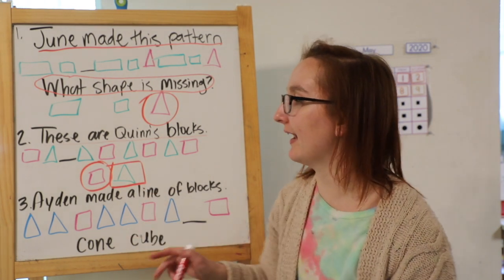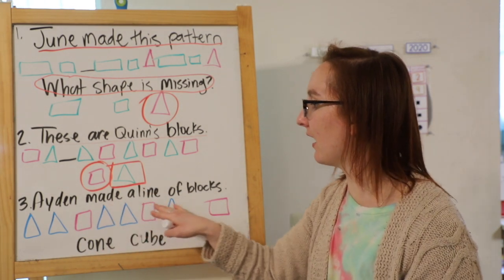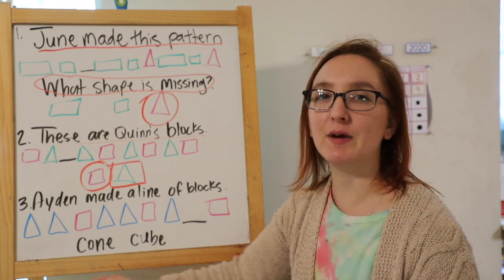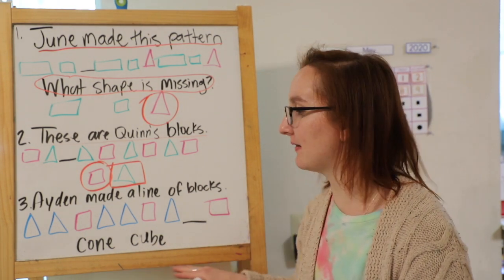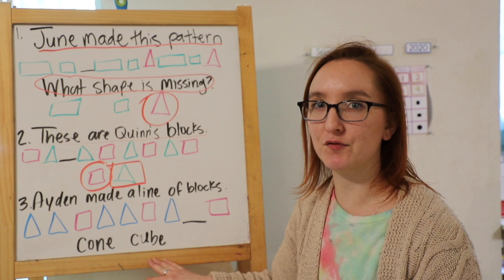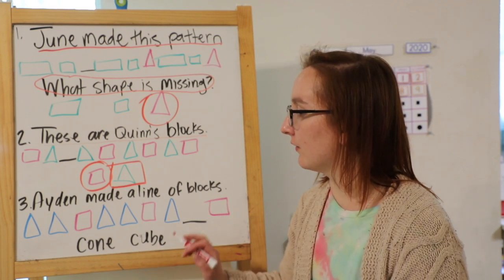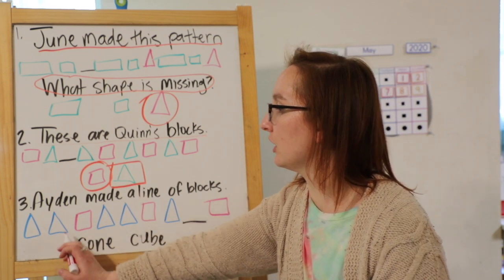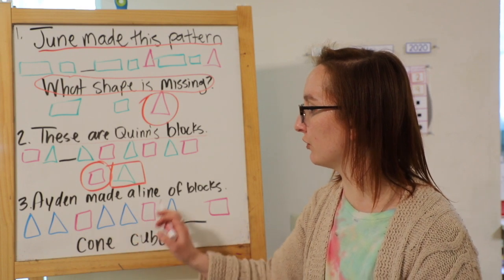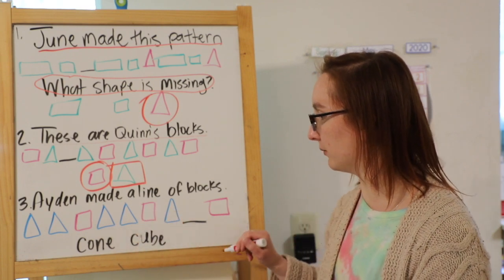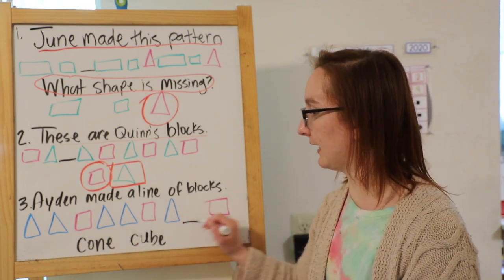Now number three, it says Aiden made a line of blocks. And then we need to circle which one is missing. But this time they wrote it out instead of drawing the picture. So we have cone, cone, cube, cone, cone, cube, cone, blank, cube. So what's going to go right here?